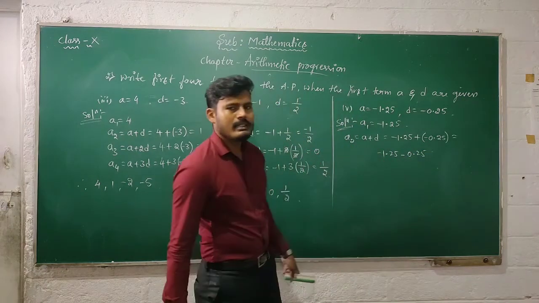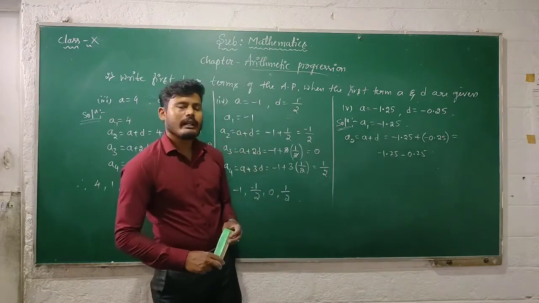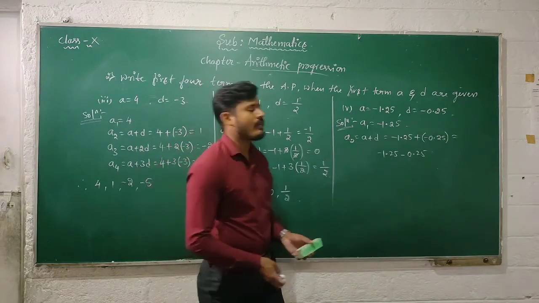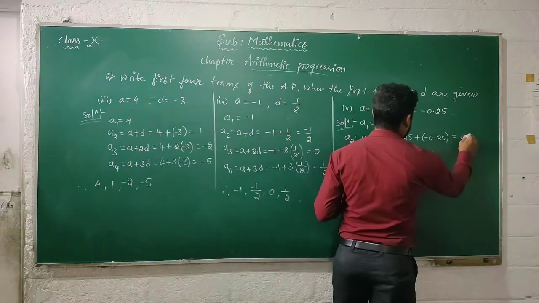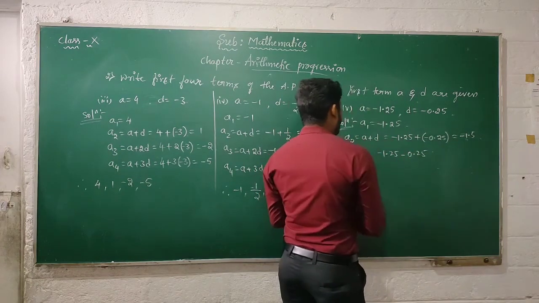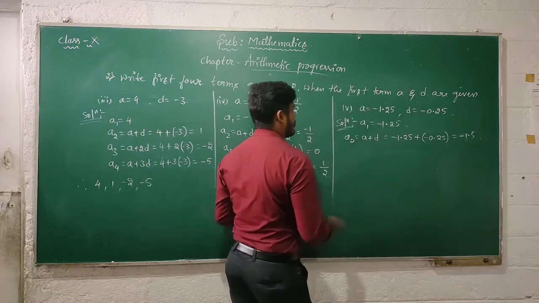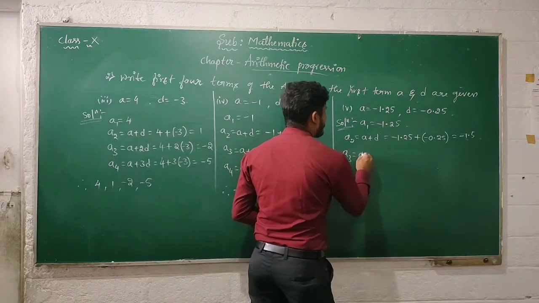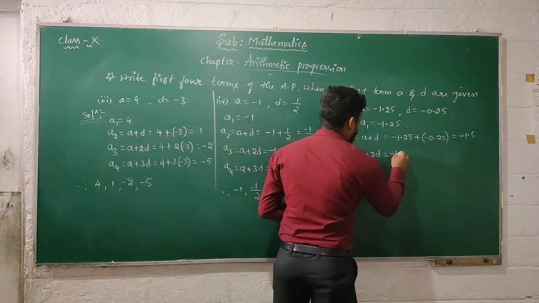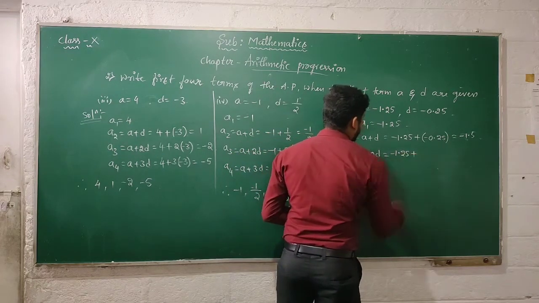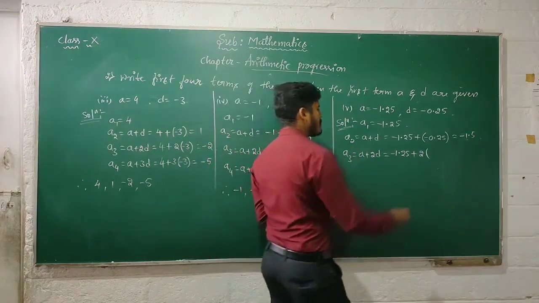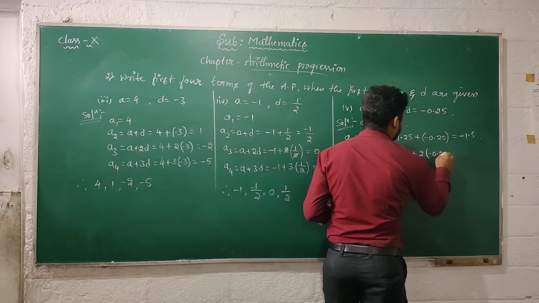The sum of two negative numbers is always negative. 1.25 plus 0.25 is 1.50. Minus 1.5. Minus 1.5 is the answer. Then the third term, a plus 2d, this is equal to a is minus 1.25 plus 2 of d is minus 0.25.